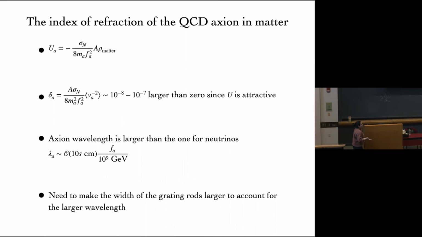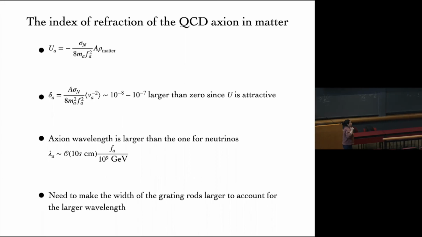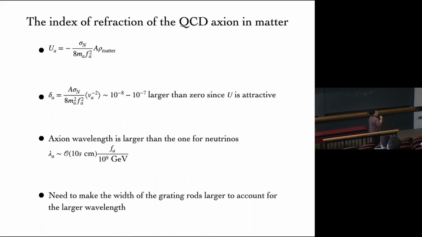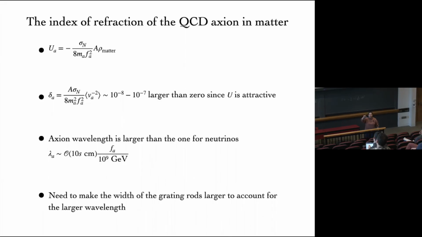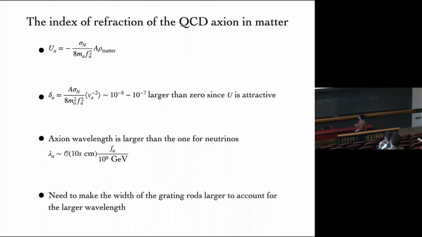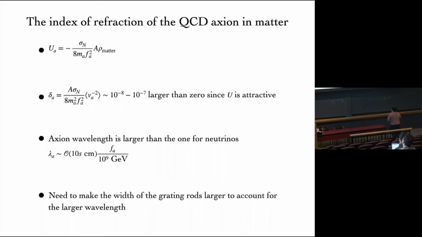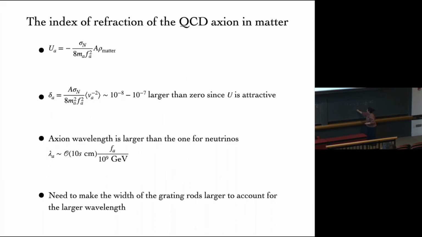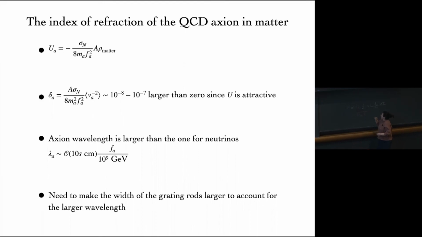So what does that do? We follow the same procedure as before. The thing that we need to change in our grating is the width of the sticks. If we keep the length the same, a 10-meter structure, the width is given by the square root of the wavelength of the particle, the de Broglie wavelength, times the radius of the structure that you want.